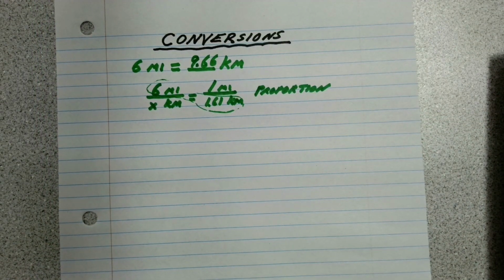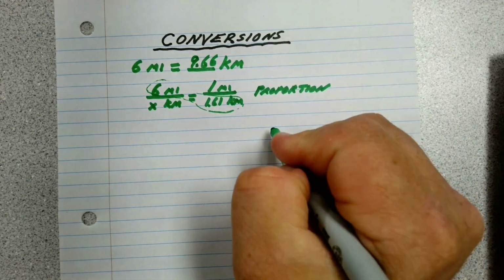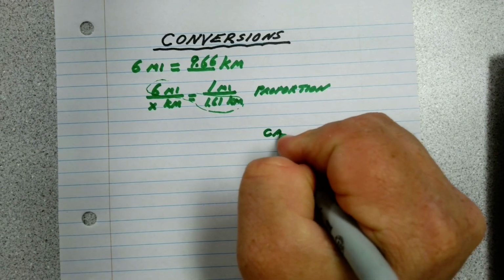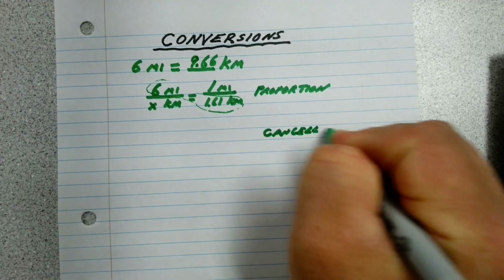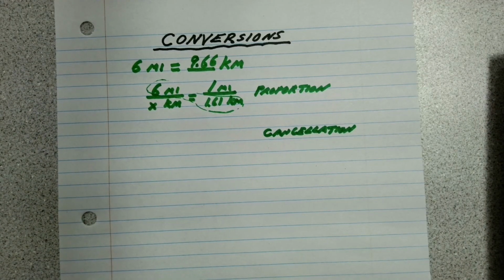Now, there's another way we can think about this, and this is the method of cancellation. So would you jot this down right below it in your notes? Now you might be thinking, well, you just take 6 times 1.61 and you're done. And you're right. All right.